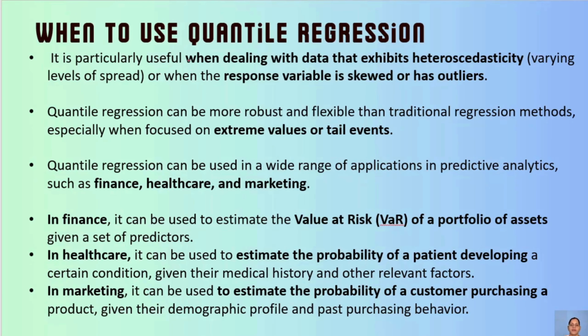And when to use quantile regression, like I have already explained, in case of understanding tail events or extreme values, like the way I have shown you in the previous image. Then when we are dealing with data which exhibits a high level of spread or heterogeneity, where the variances are larger and not uniform, in those cases we can go ahead with quantile regression.